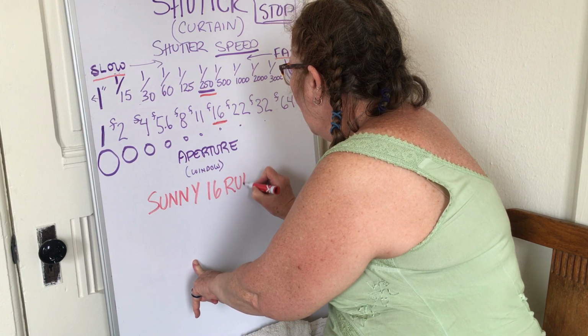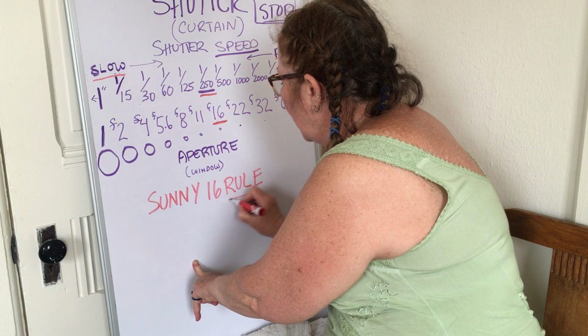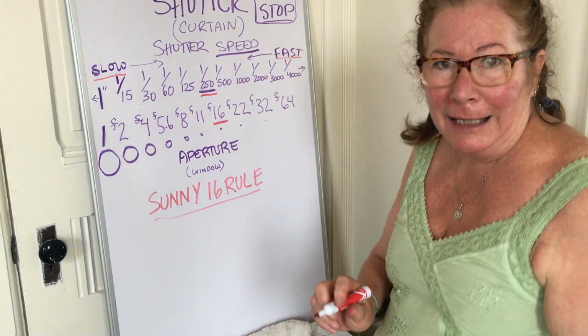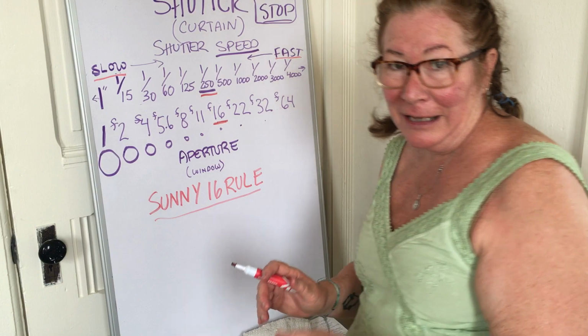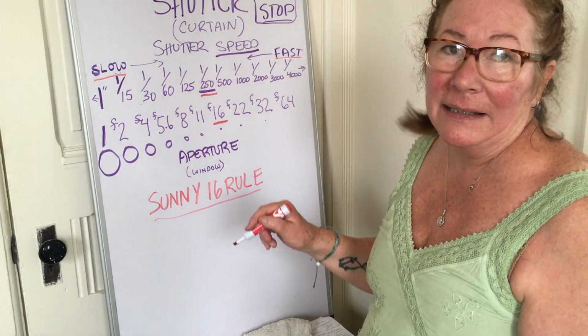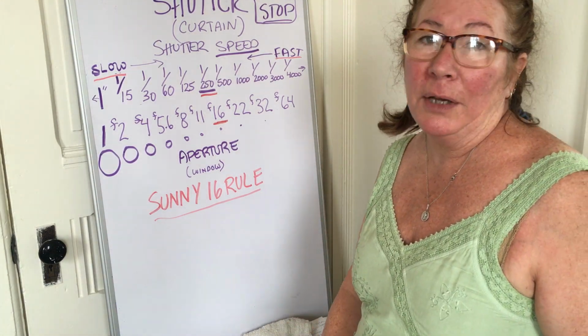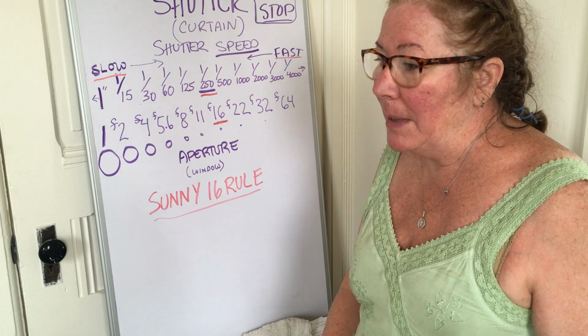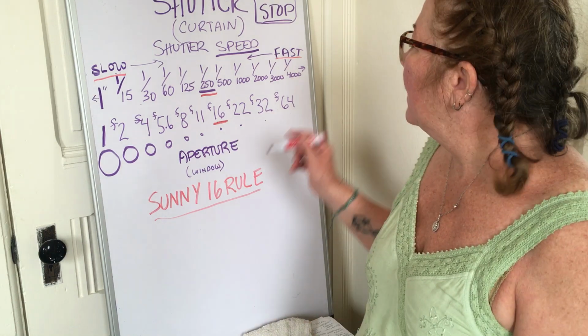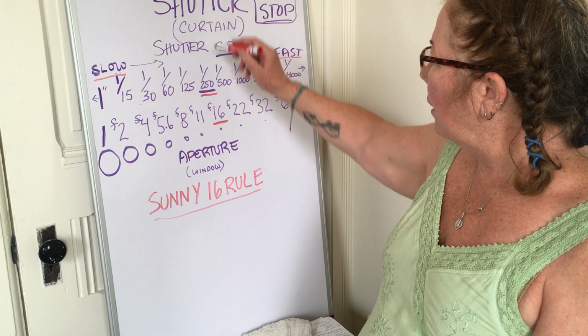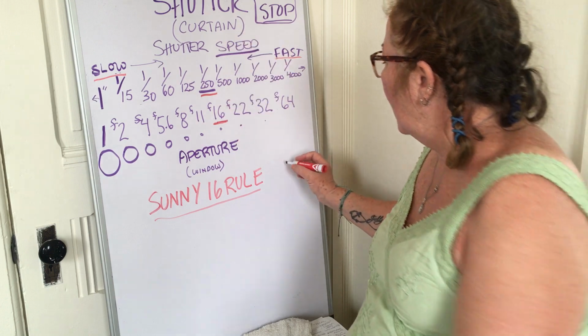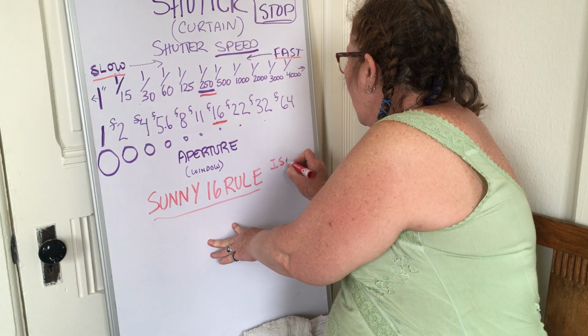I want you guys to memorize this. This is one of the few things that I think is super important for memorization in this class, is the Sunny 16 rule, because it's going to help you with your camera so much, and it just makes learning it much easier.